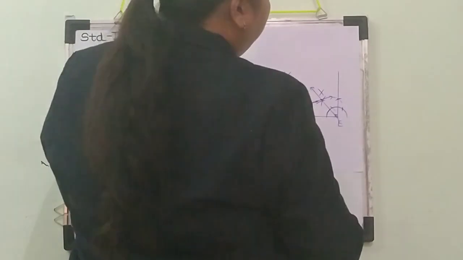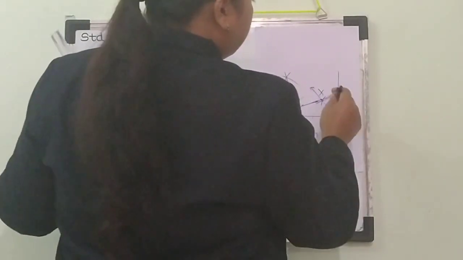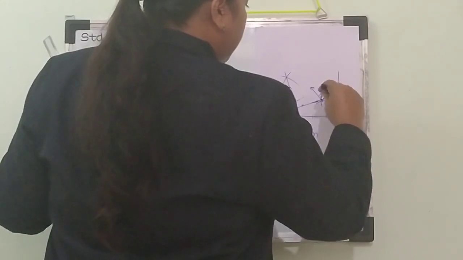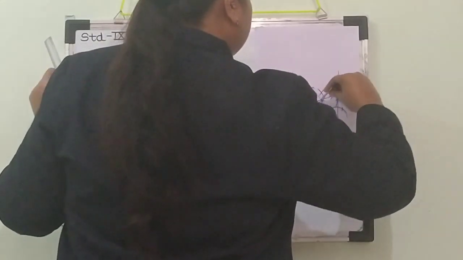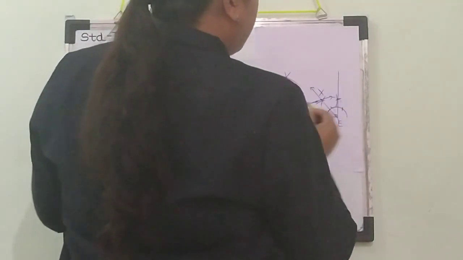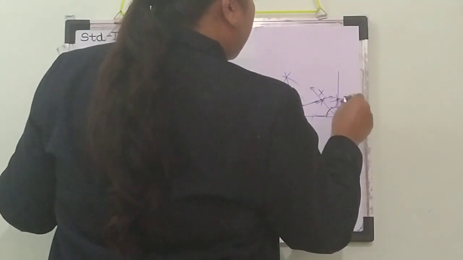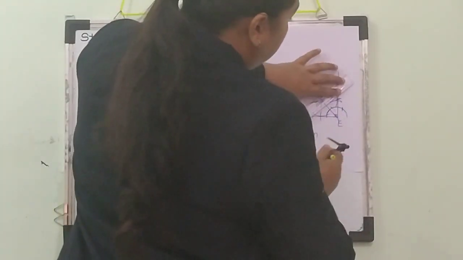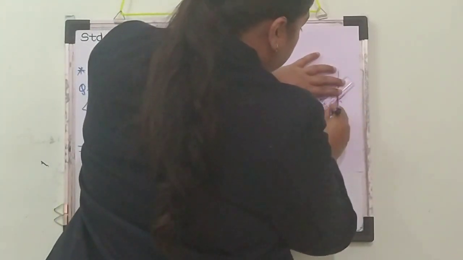And now we have to draw the perpendicular bisector of XE. So from X we draw the arc, and from E also we draw the arc. So we can draw the line passing through these.